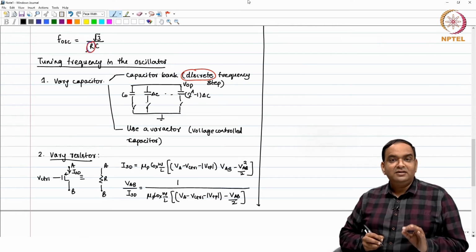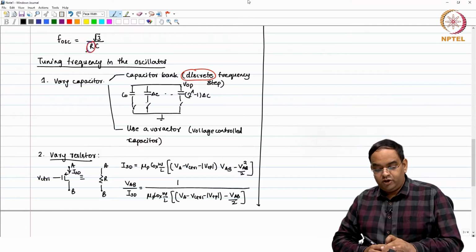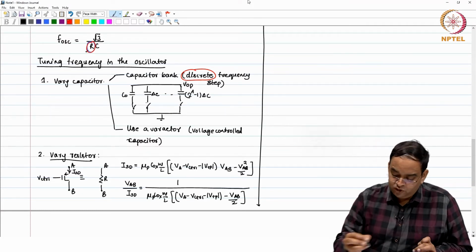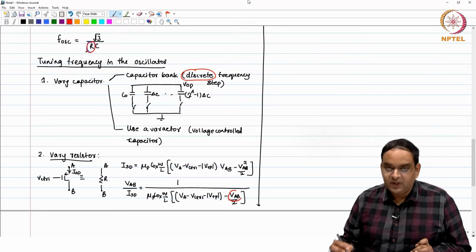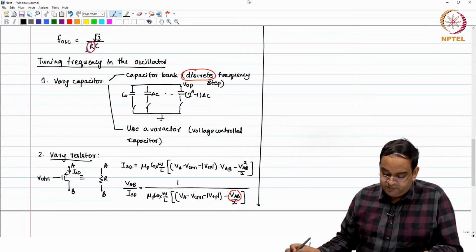So, you see that this resistance actually depends on the VAB value also. It is not an ideal resistance, it depends on VAB.